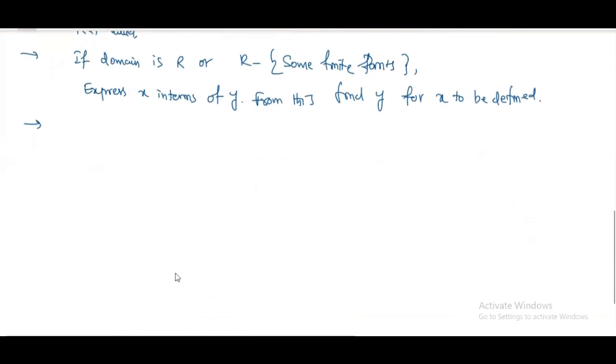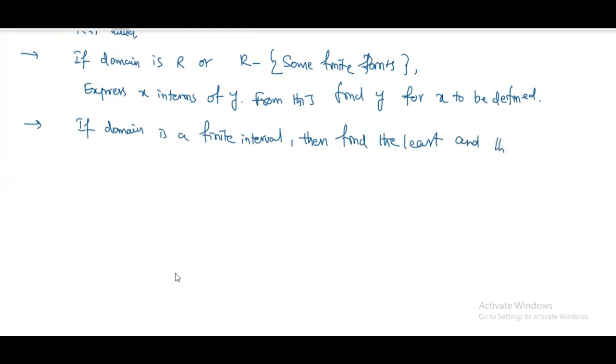Third one: if the domain is a finite interval, then find the least and the greatest values for range finding using monotonicity.